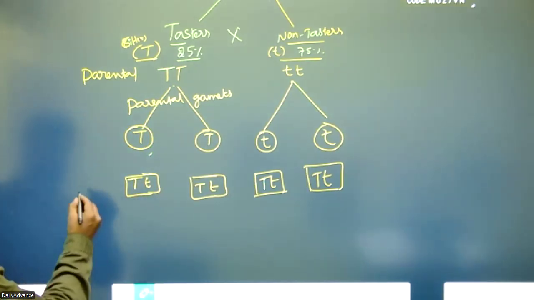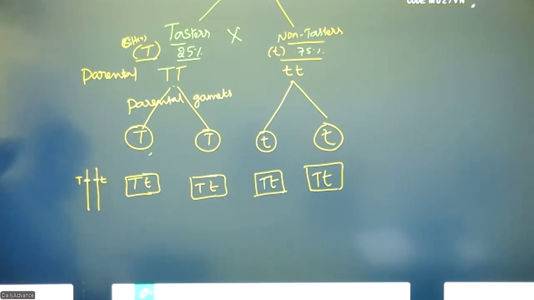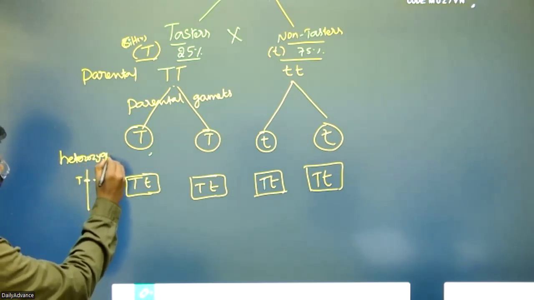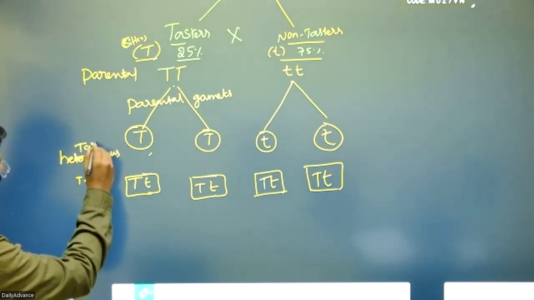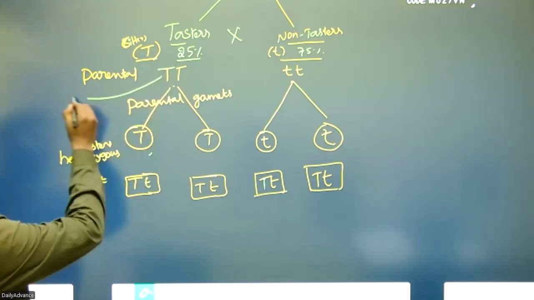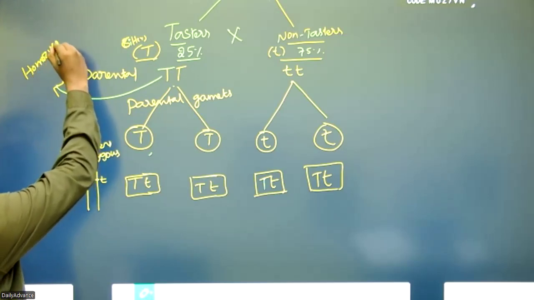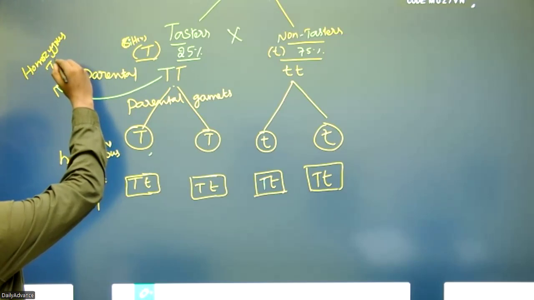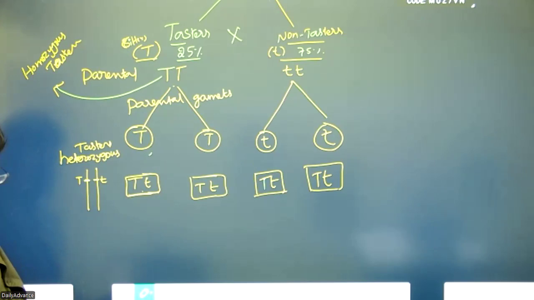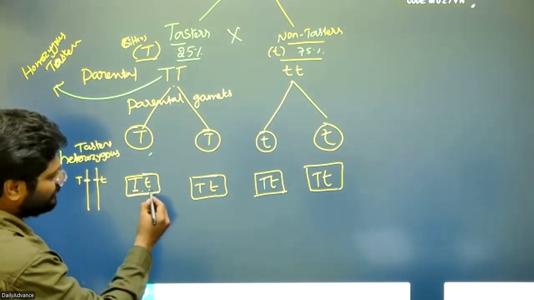So this is nothing but capital T, small t. All the progenies are heterozygous tasters. This person is also a taster. The parent we call a homozygous taster, and this person is called a heterozygous taster. Why? Because only T is expressing and small t is silenced.